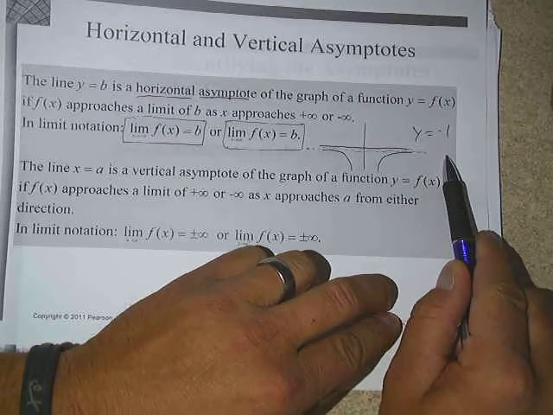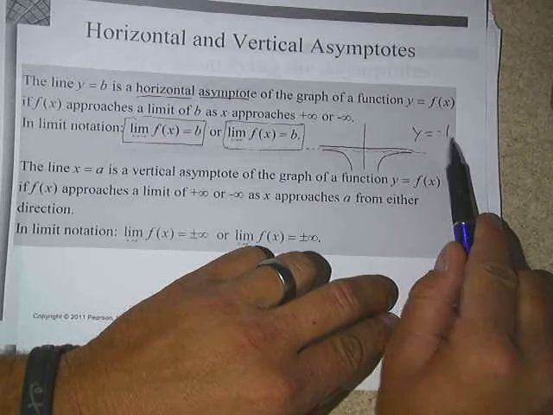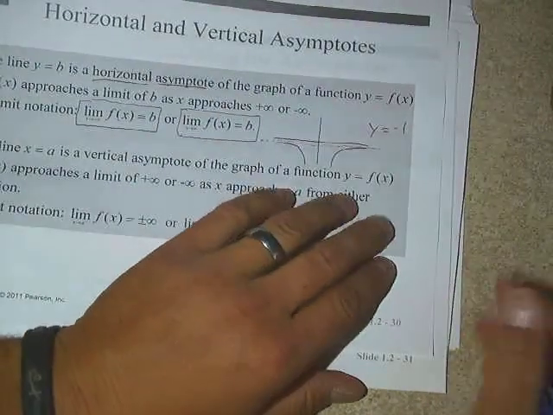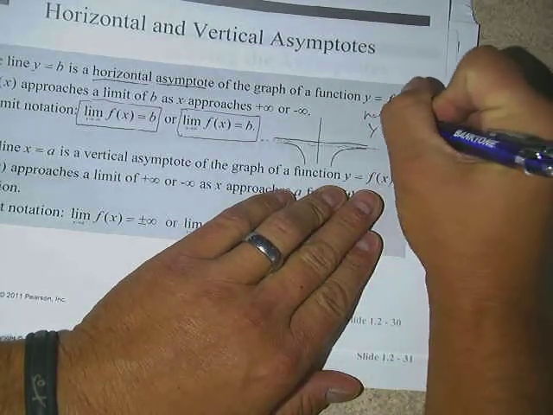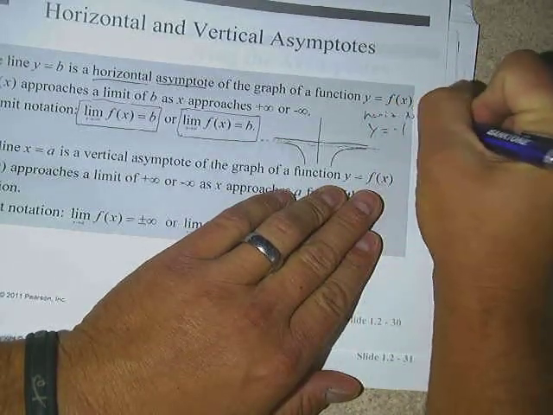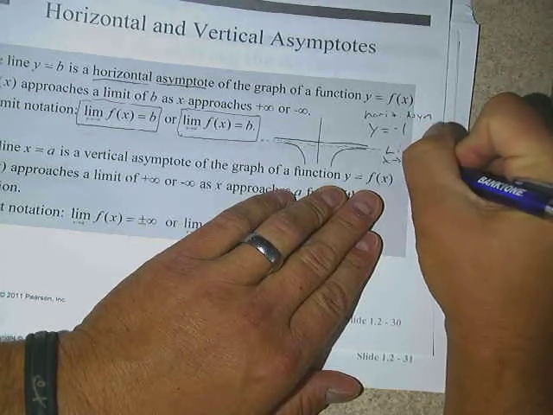So in our particular case, we'd have y equals -1 as a horizontal asymptote, because as we approach infinity in the x direction, what are the y coordinates like? The y coordinates are getting infinitely close to, guess what? -1. So these two things essentially go hand in hand.